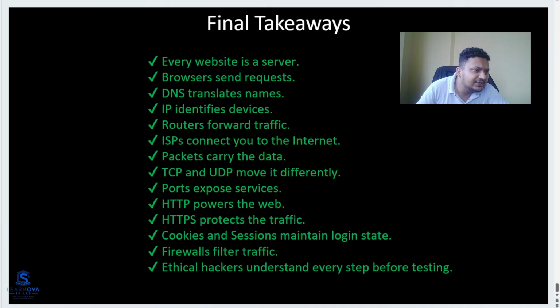Ports identify services. HTTP powers web communication. HTTPS protects HTTP traffic with TLS. Cookies and sessions help websites maintain state. Firewalls filter traffic. And ethical hackers need to understand every step before they can properly test an application or network.